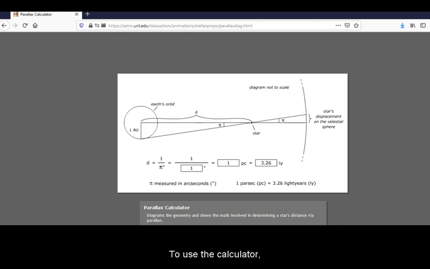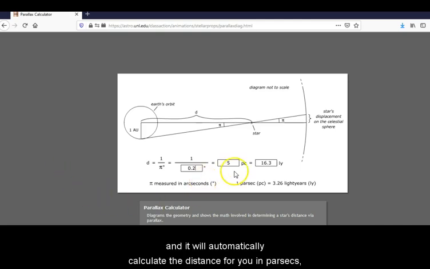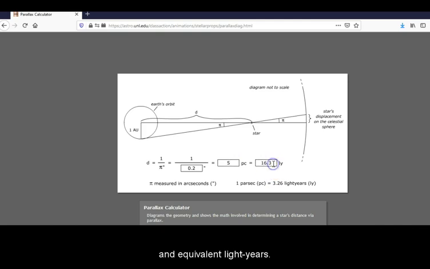To use the calculator, simply type in the observed parallax of a hypothetical star, and it will automatically calculate the distance for you in parsecs and equivalent light years. You can use the calculator in reverse as well.